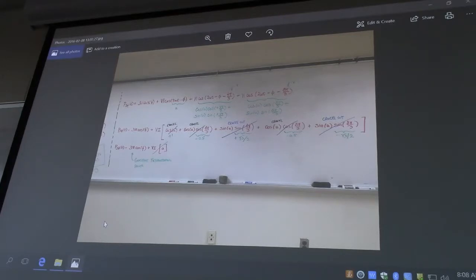I'll say this proof, or not proof, that's not the right word, but the derivation is in the board notes.